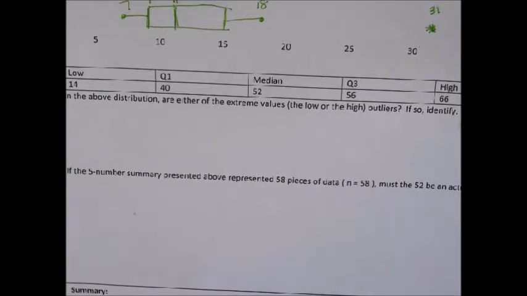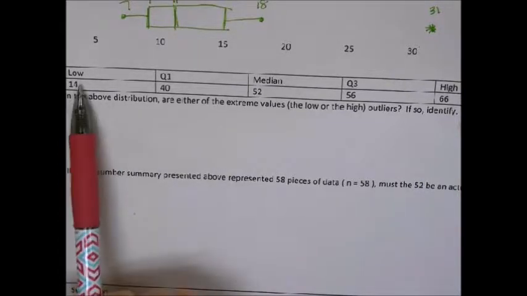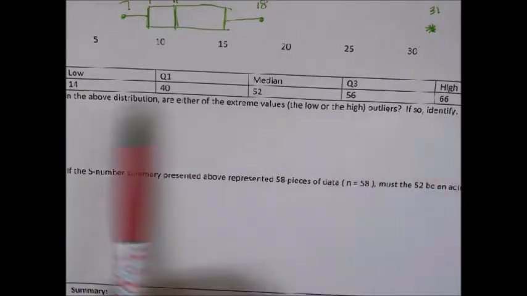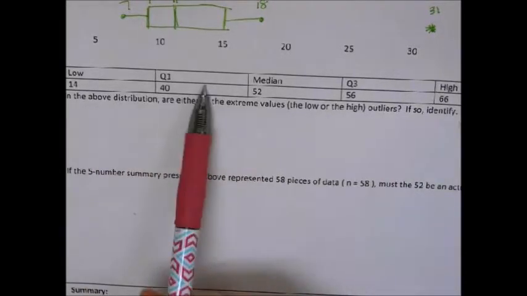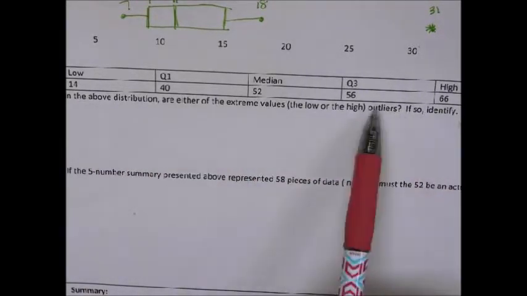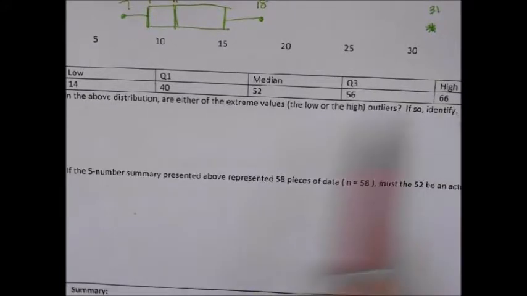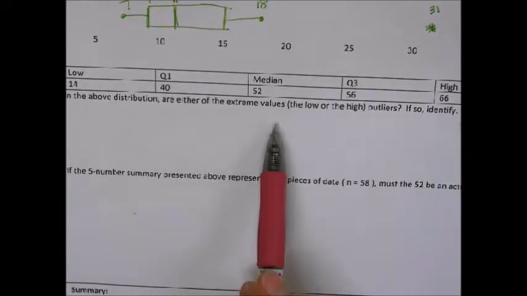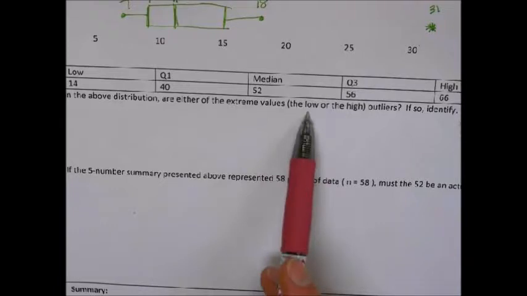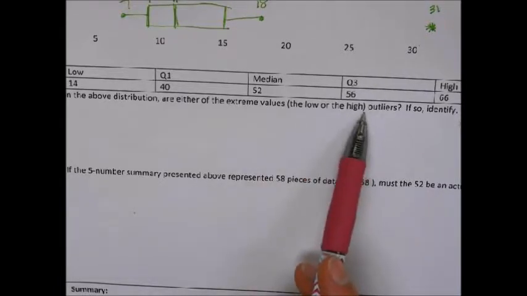All right, so our next question. In the above distribution, so here we have this distribution. We have a low 14, Q1 40, median 52, Q3 56, and a high of 66. Are either of the extreme values, so our lower or high, outliers? So we have to figure out if they're outliers.